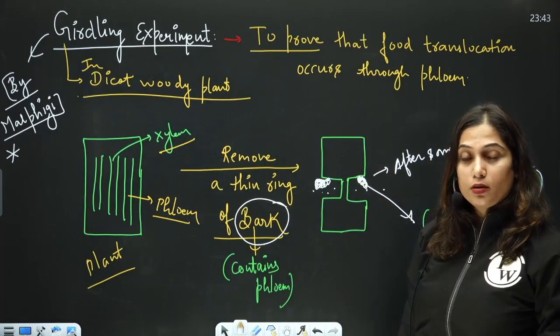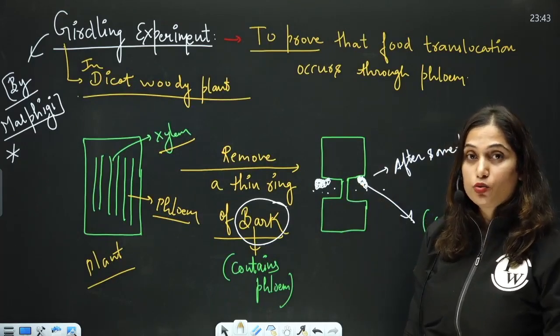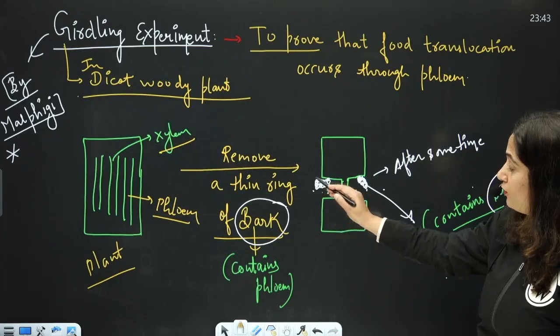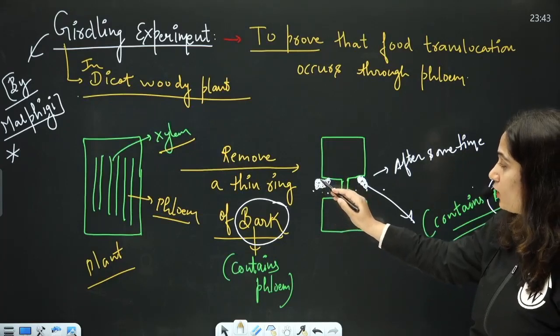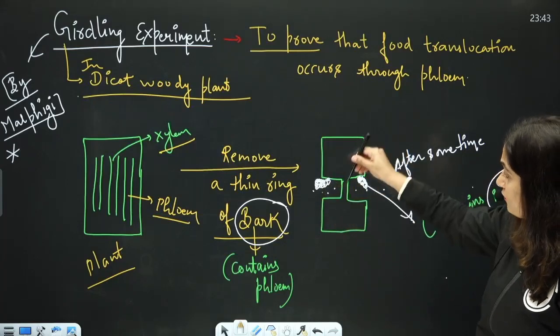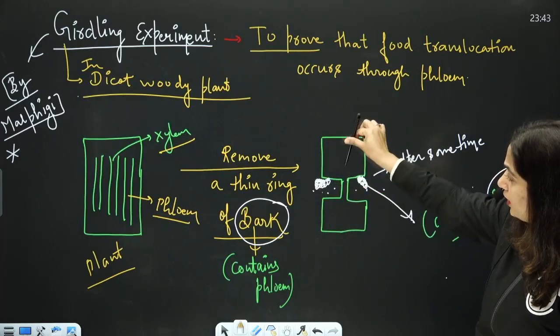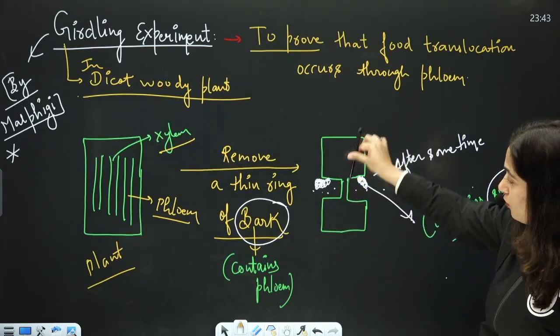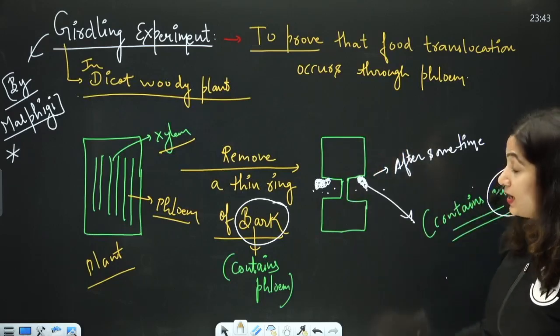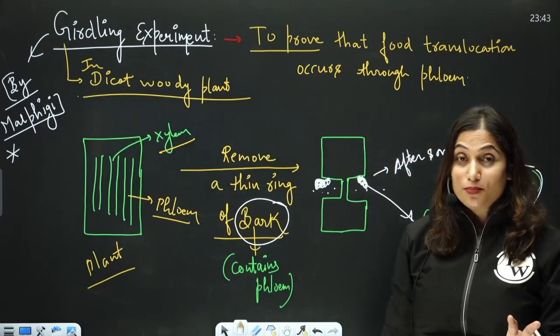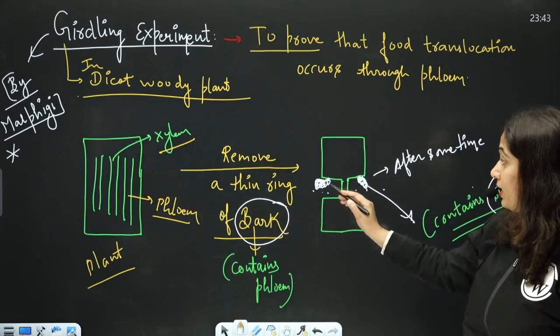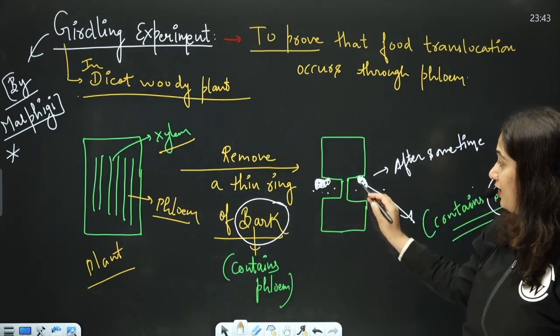If food had been translocated through xylem, then sucrose would not have accumulated over here, because we have not removed xylem. The continuity of movement of food would have been there, but it is not translocated through xylem, because of which the sucrose got accumulated here.